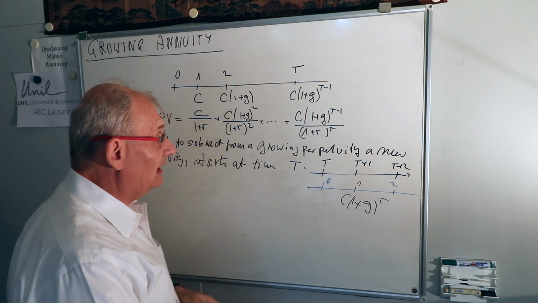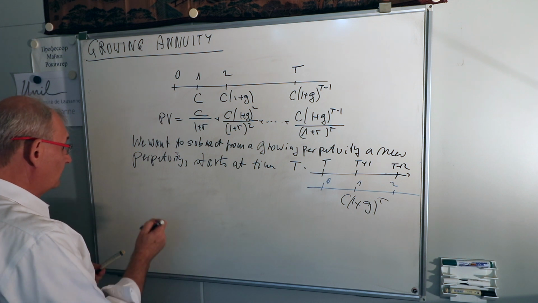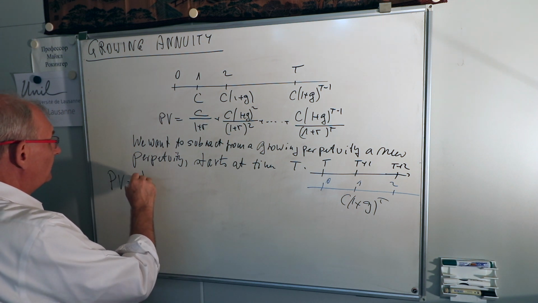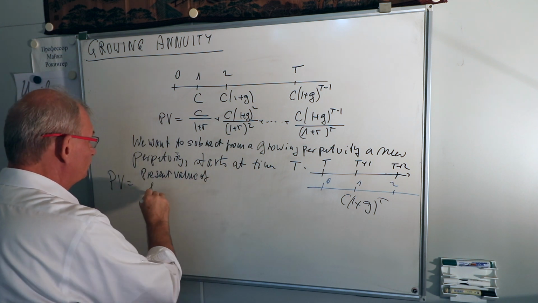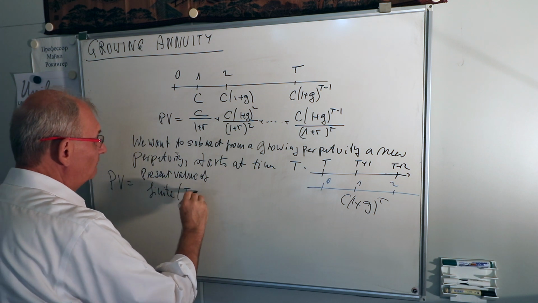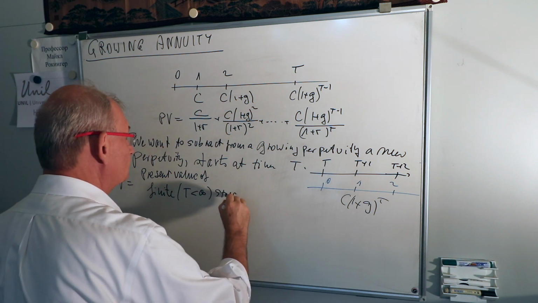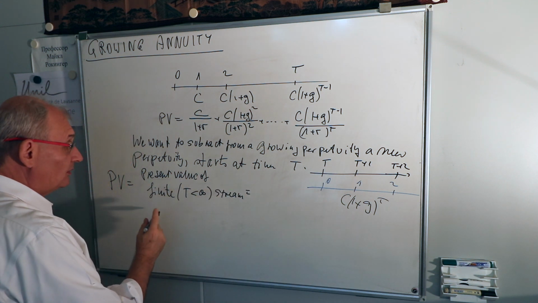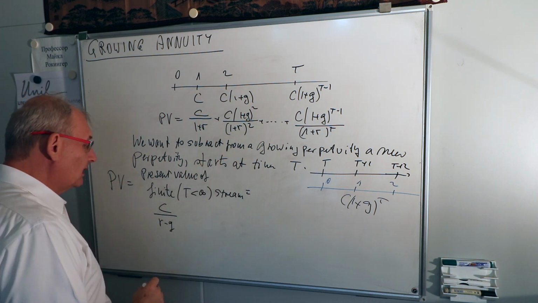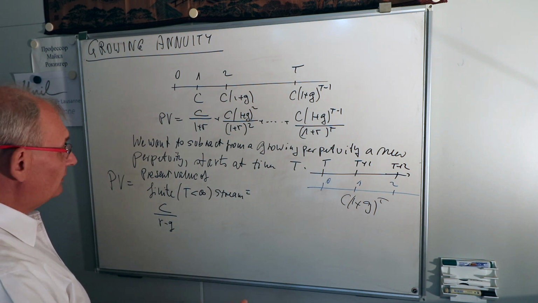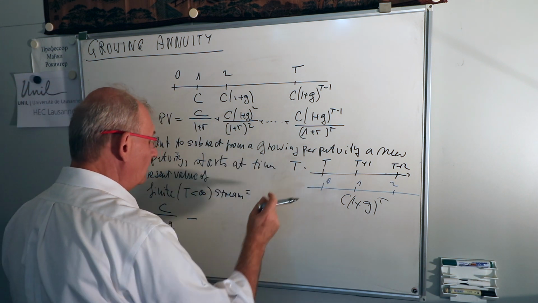So I need now, in terms of value, to have here the present value of this finite stream, where big T is going to be smaller than infinity. This is going to be the difference between the growing perpetuity, so c divided by r minus g, and then a new perpetuity that I'm going to subtract from time T on.